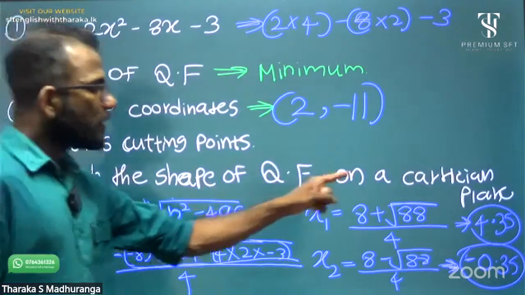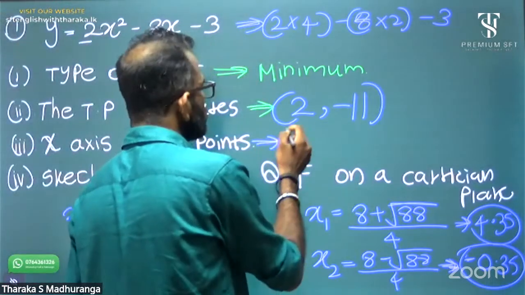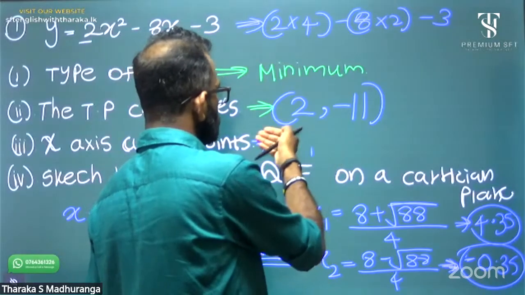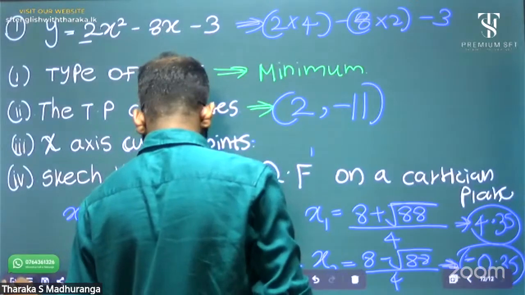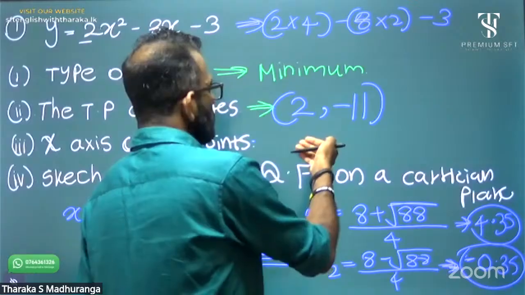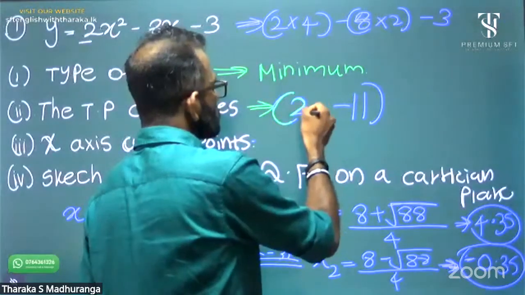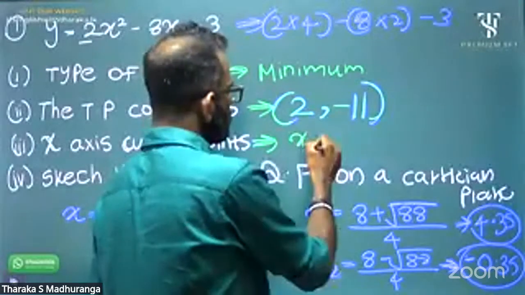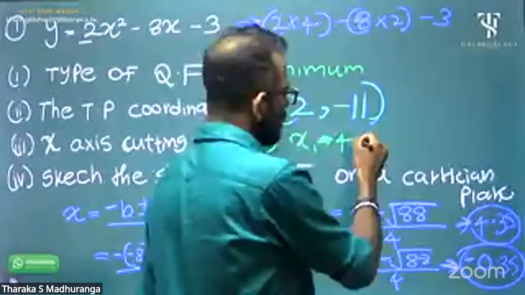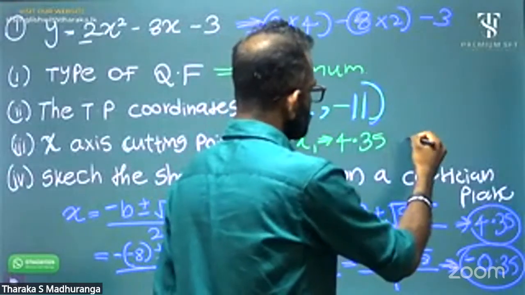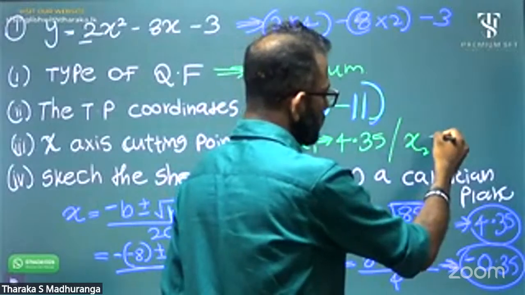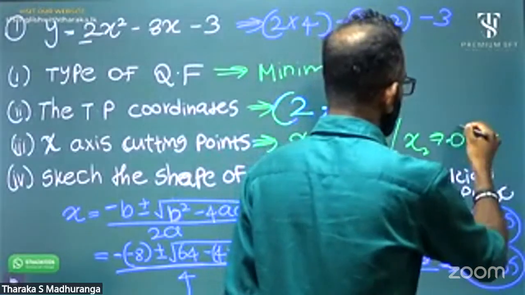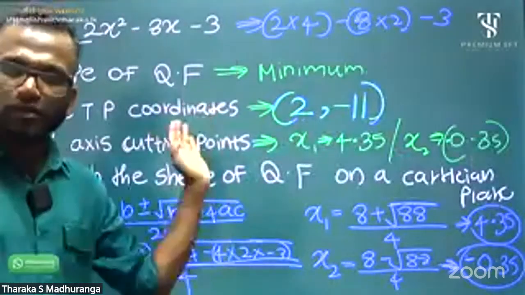Okay, now I got the x-axis cutting points. The x1 value was 4.35, a plus value. The x2 was minus 0.35, it's a minus value. Okay, raise your hand if you got all the answers up to now.